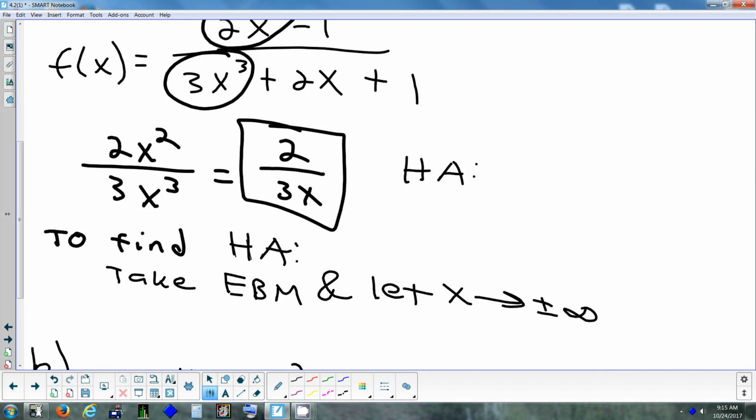Okay, so take your end behavior model, which is what we have the box around, and let x get really, really big and tell me what's happening to the EBM. Great. So first of all, Shauna, horizontal asymptote starts out with what letter?